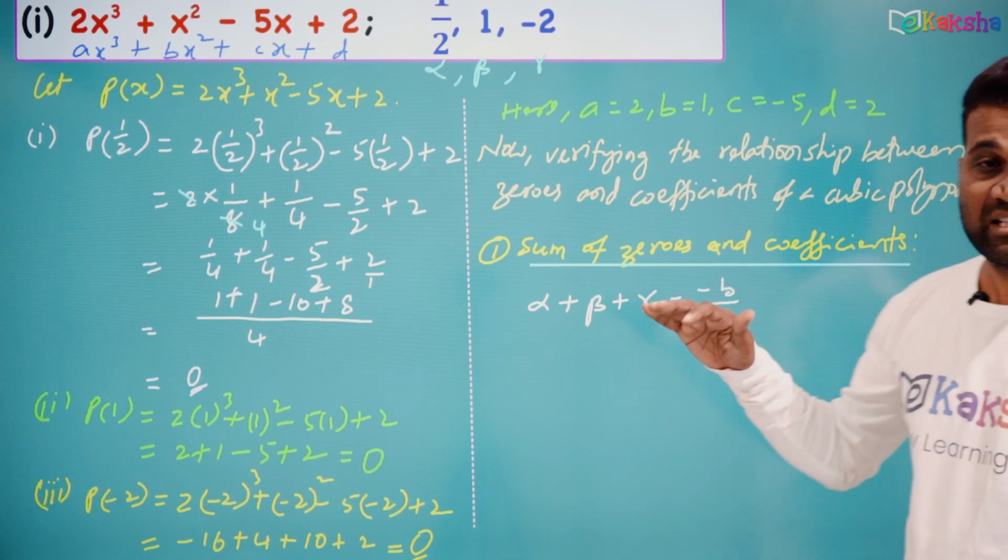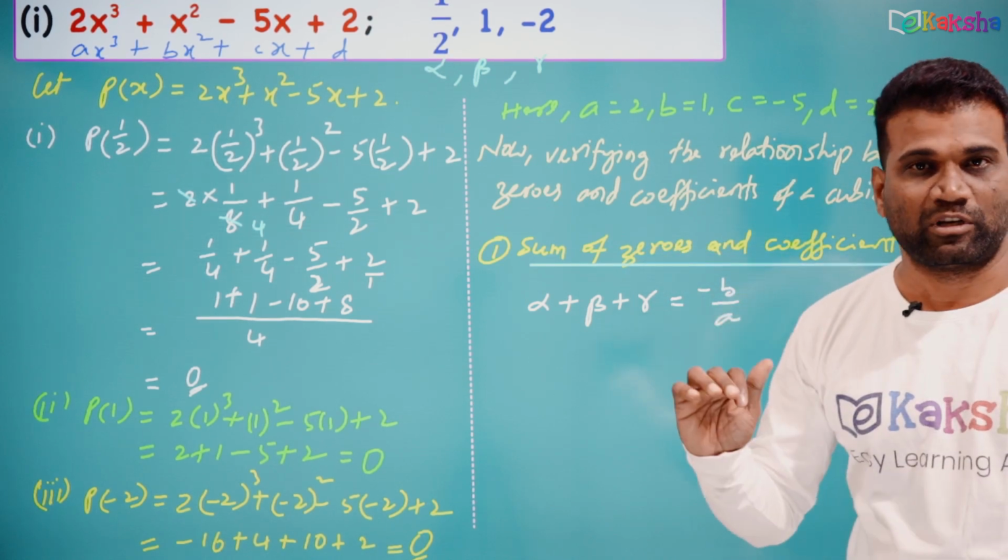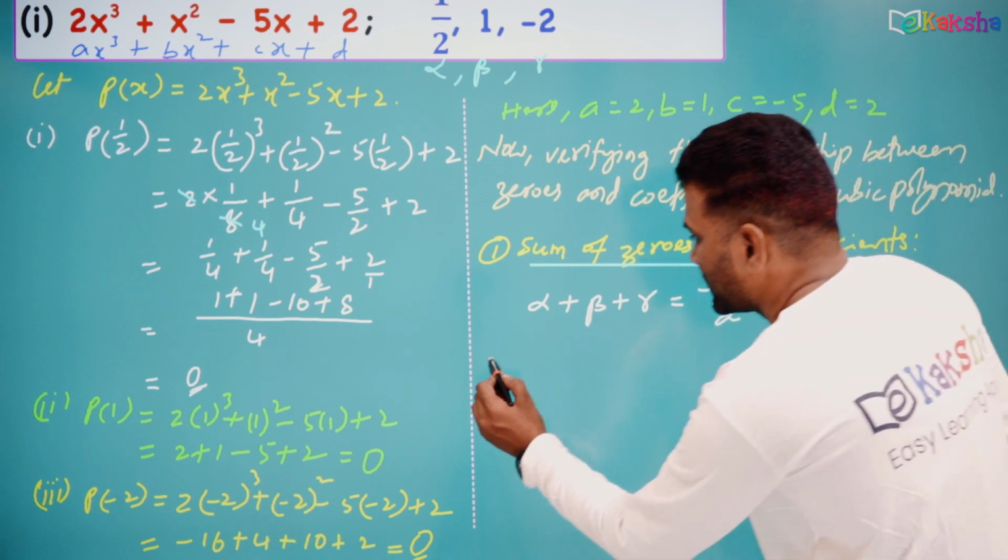This is the relationship between the sum of zeros and coefficients of a cubic polynomial. This is the first relation. So let us check.